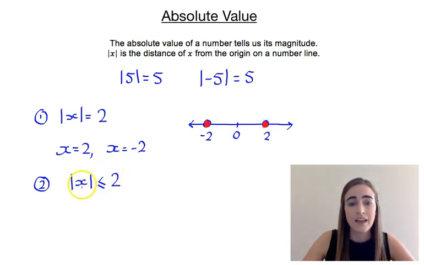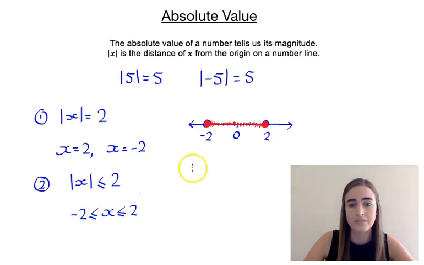But anything that's less than 2 units will also satisfy it. So anything in this whole range along here will satisfy that inequality. So our solution to that is that x has to be less than or equal to 2 and greater than or equal to minus 2. So x has to be between those values or equal to those values.